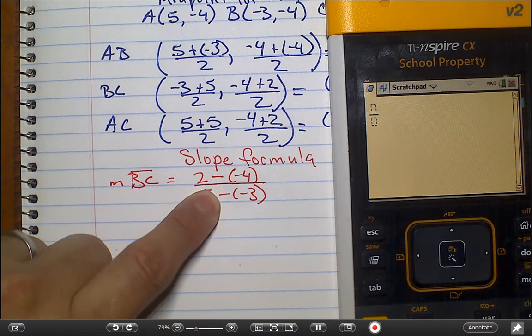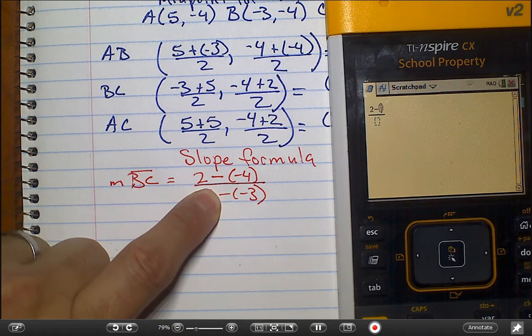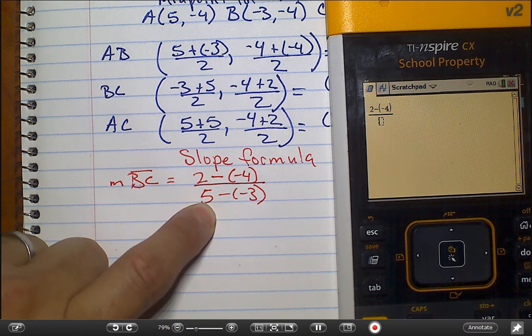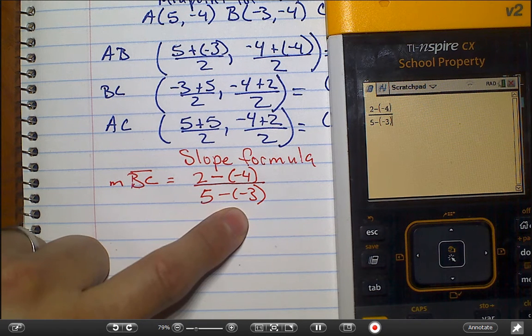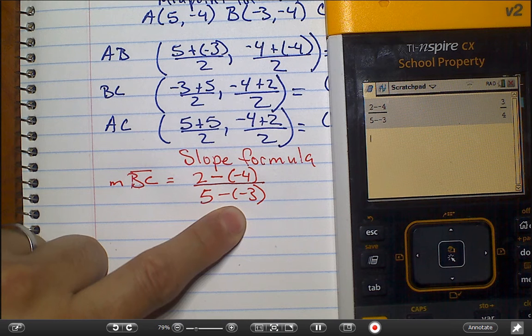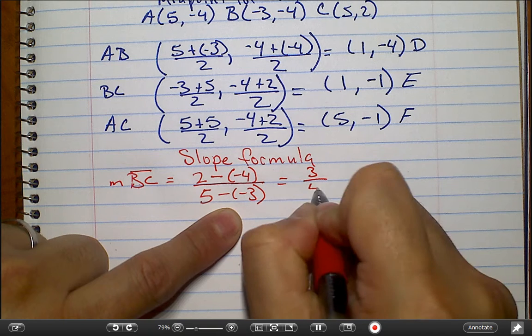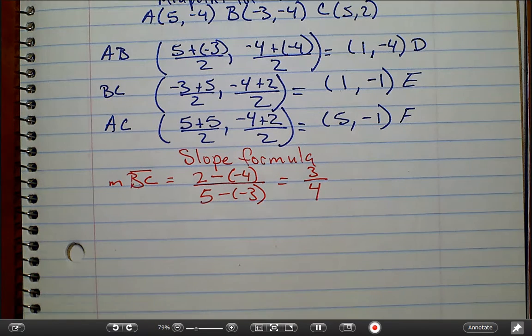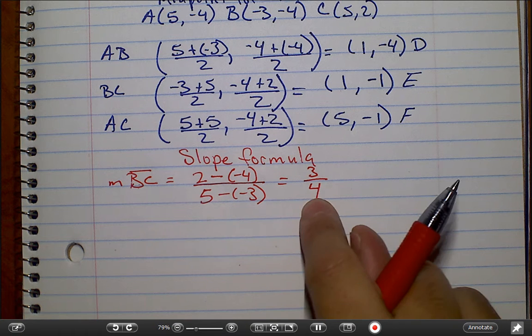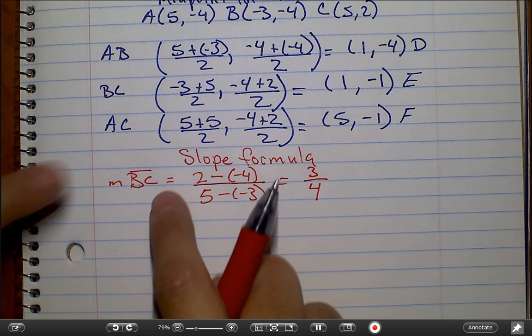And I have 2 minus -4 over 5 minus -3. So exactly the same as I have it here. So my fraction comes out to be 3 over 4. All right, so now we have the slope of BC.